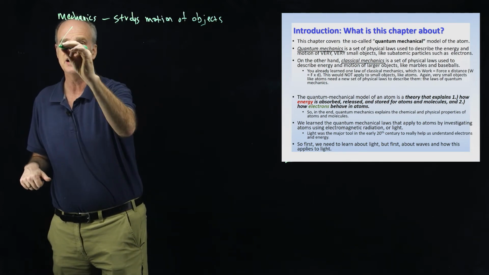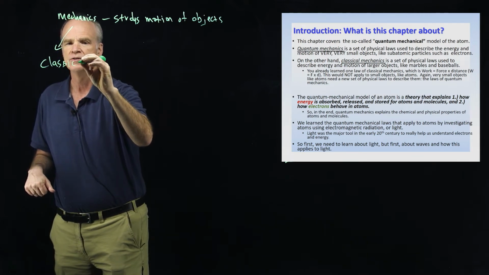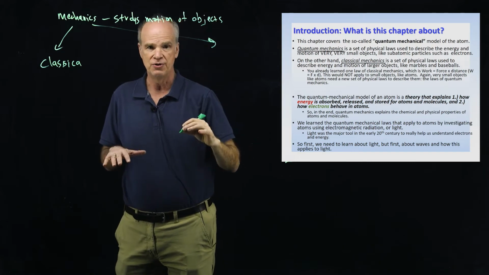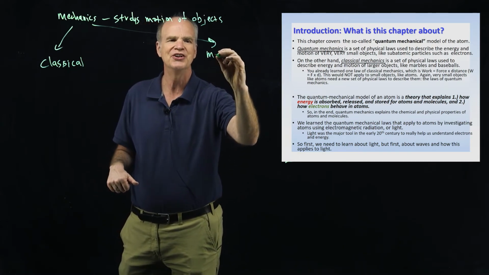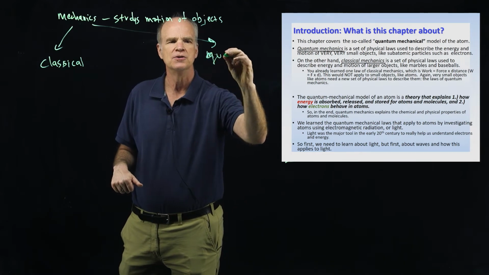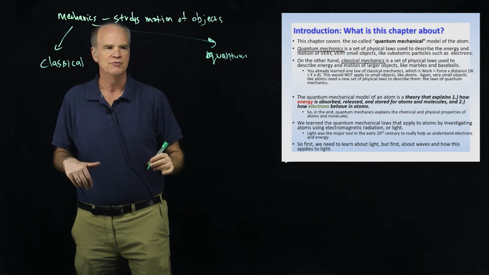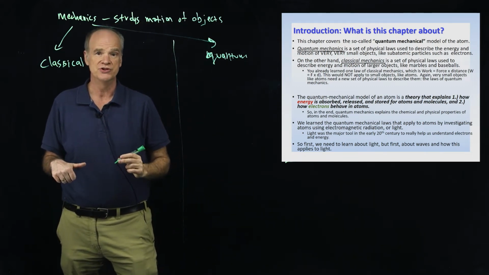One category is called classical mechanics, and the other category, which we study with atoms, is quantum mechanics. There's actually a pretty important dividing line between the two, which I need to explain.